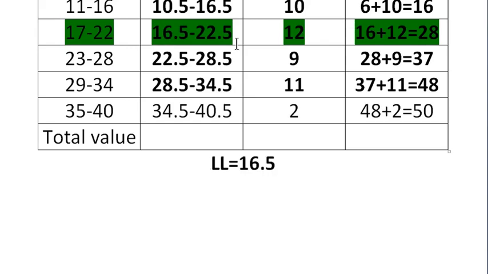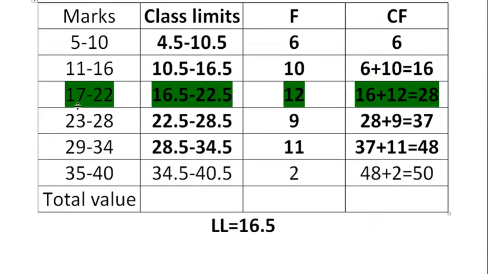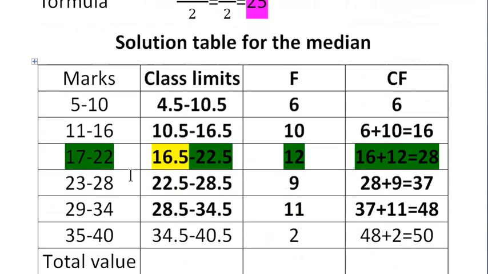That's the lower limit, 16.5. Remember that we are using this class to carry out our calculations.